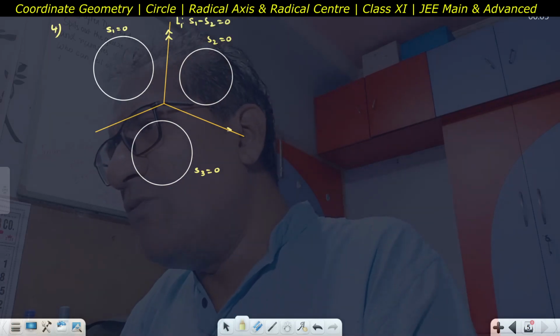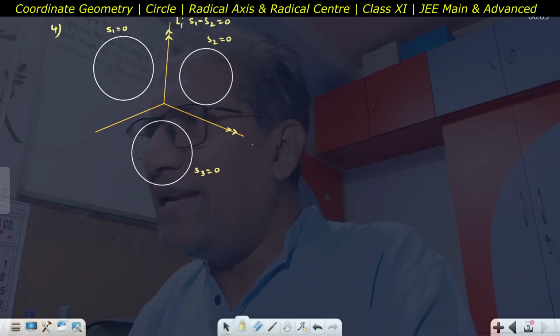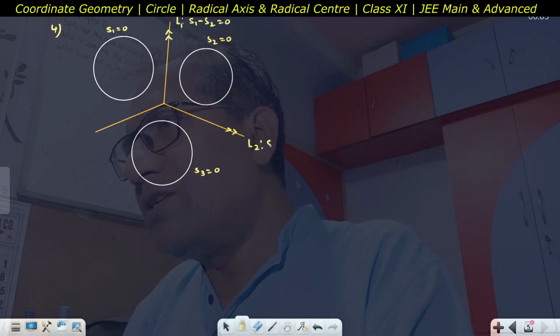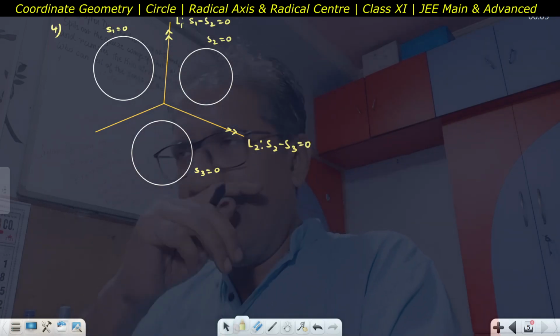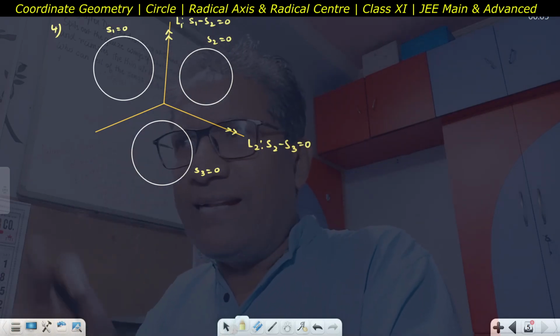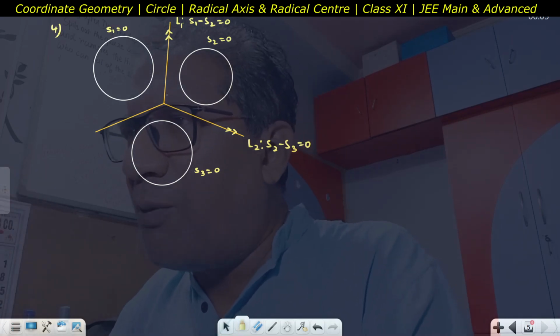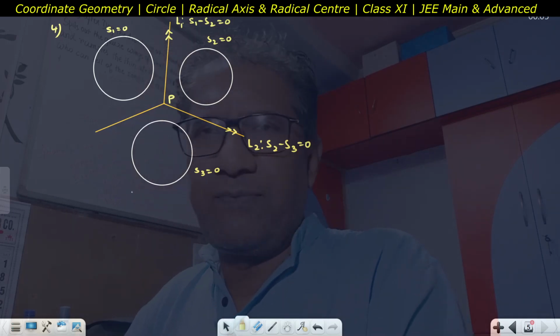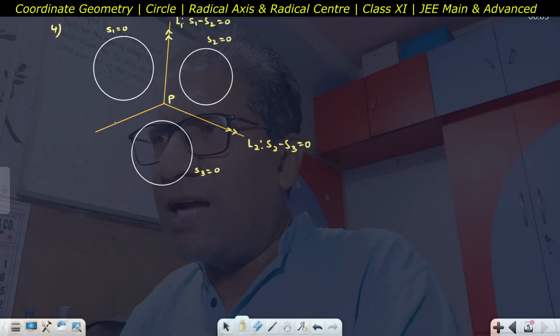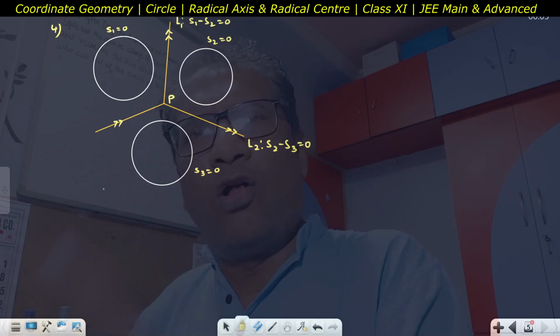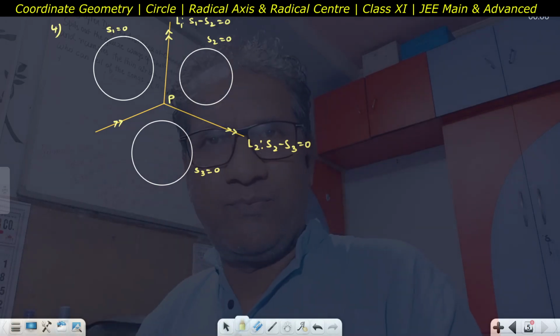At the same time, what is the equation of this radical axis? It will be S2 minus S3 equals to 0, right? Now we have to prove that these two radical axes are meeting at the point, let us say P. Now we have to prove that the third radical axis is also passing through that point.